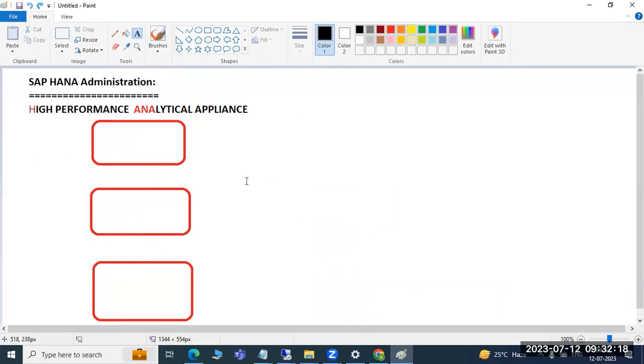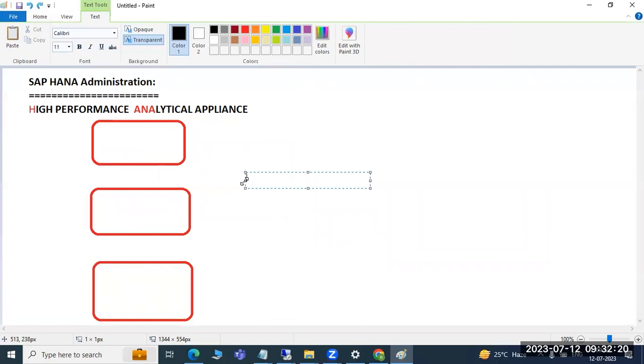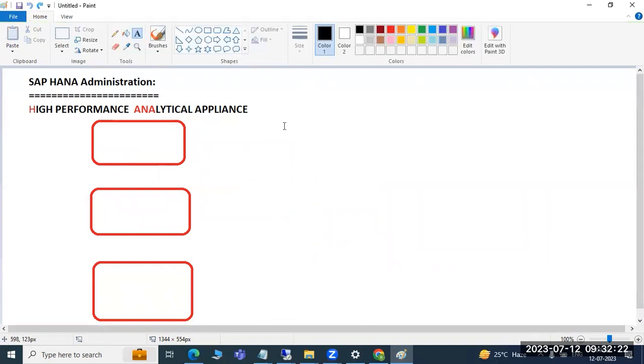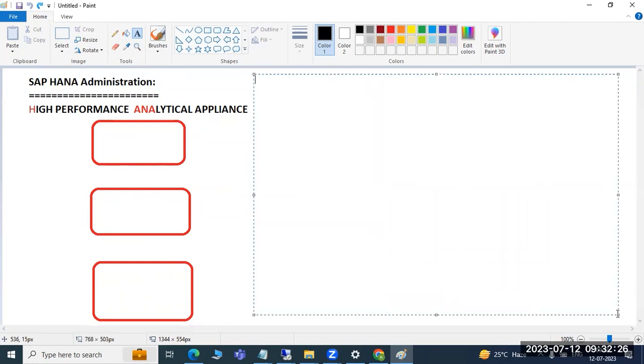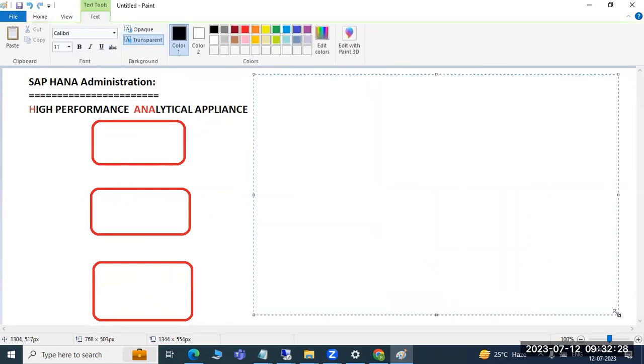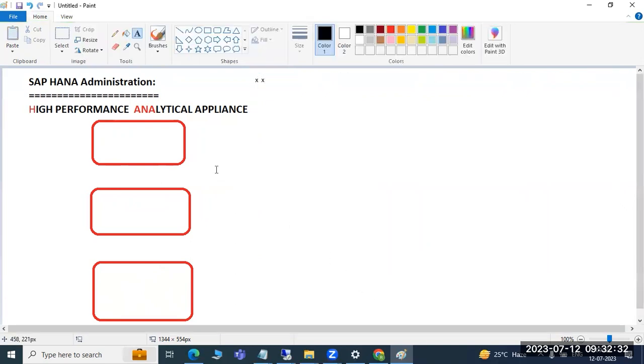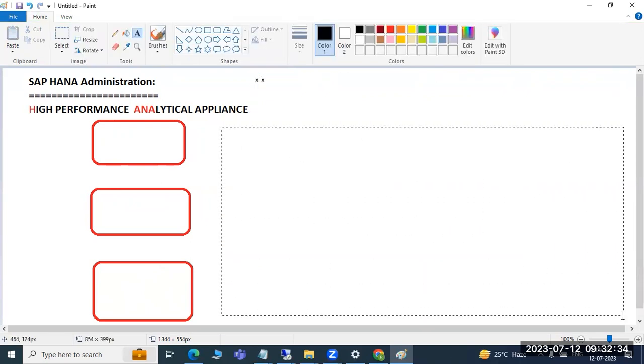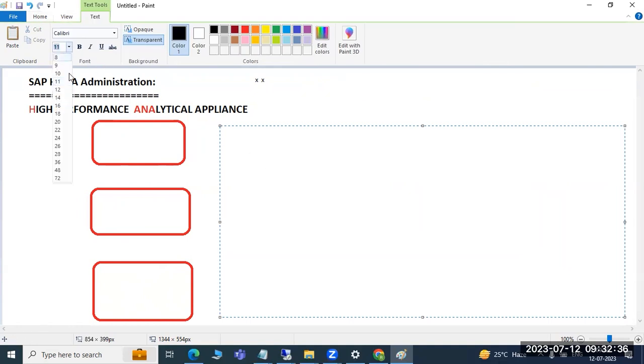At the same time, what do we need to consider to install HANA? We should carefully plan the hardware. The hardware requirements are very huge here. So let's talk about the SAP HANA hardware requirements.